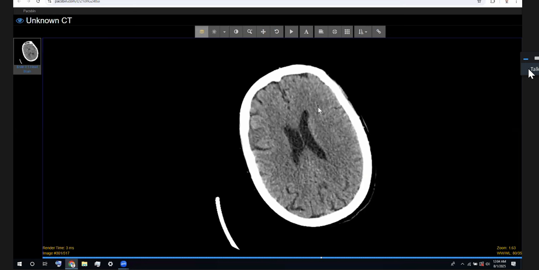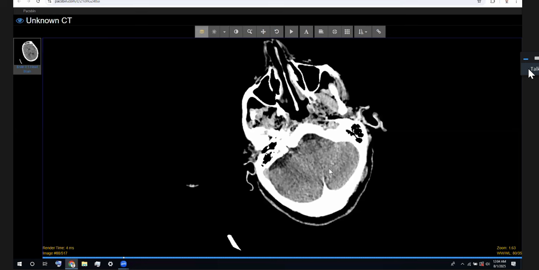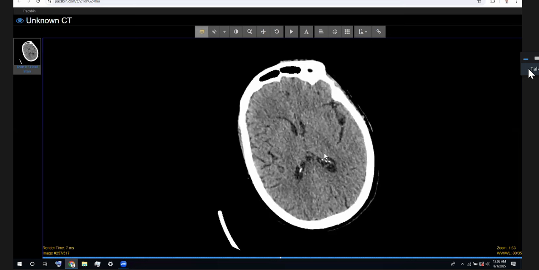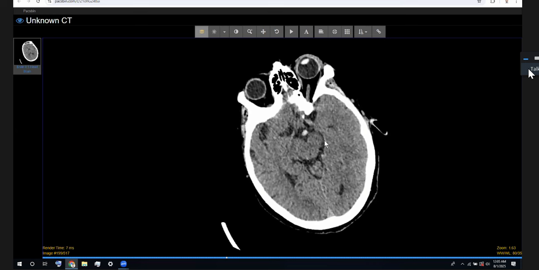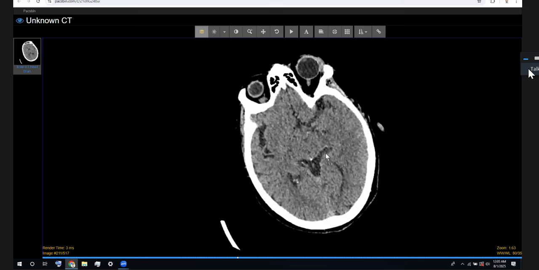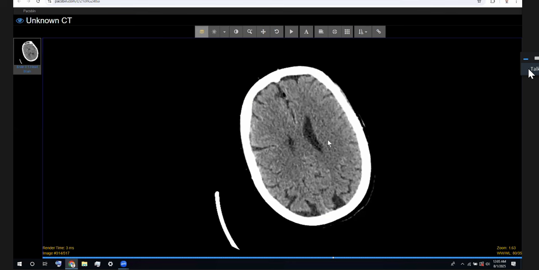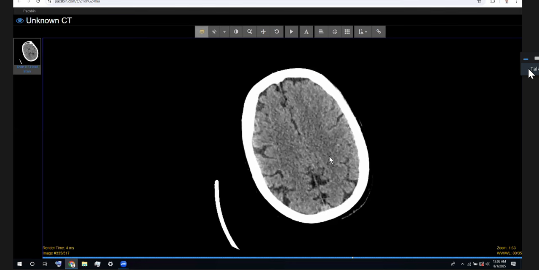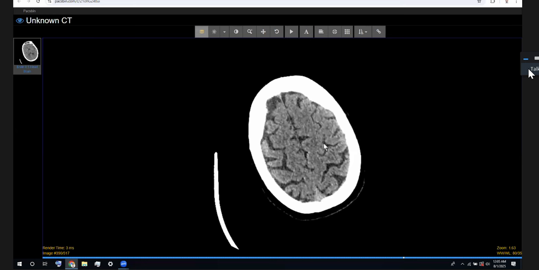What do you think the history would be? The weakness, I feel. I think there'd be GCS 3, so they would be pretty much unconscious. The gray-white matter is preserved, so maybe they've caught it really early, because sometimes you see it completely grayed out, and that's quite far on.